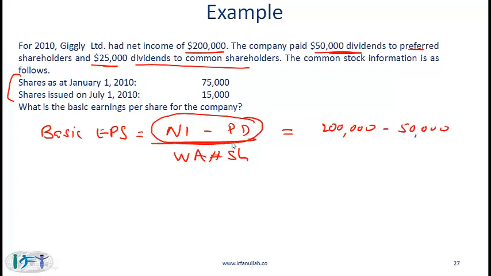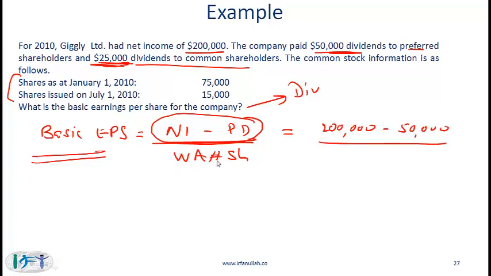It is the common shareholders or the board that then essentially decides how much of this is paid as a dividend to common shareholders. That decision of how much dividend to pay to common shareholders does not impact the basic EPS. So we ignore the dividend paid to common shareholders when we do a basic EPS calculation.